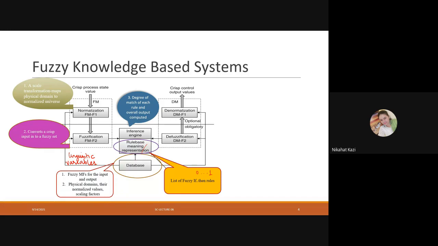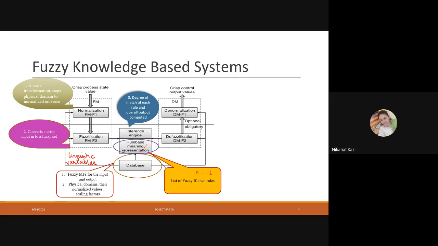Now based on that value, whether it is 0.8 or 0.7 or whatever, it is possible that multiple such rules will be fired. So the degree of match of each rule will be used to infer the overall output. The inference engine is going to use all these rules and find out, based on the input, the degree of match for each rule. So suppose there are 100 rules in the rule base.